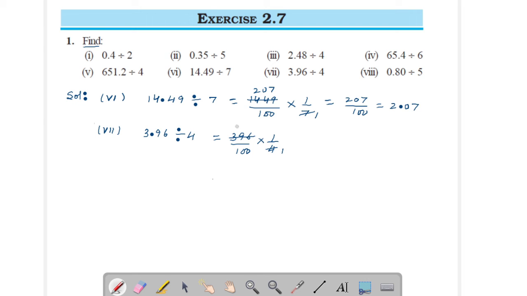Here 4 9 ja 36. We will get 99. Multiply, 99 upon 100. Put decimal. It will be 0.99. This is your answer. Then come to eighth part.